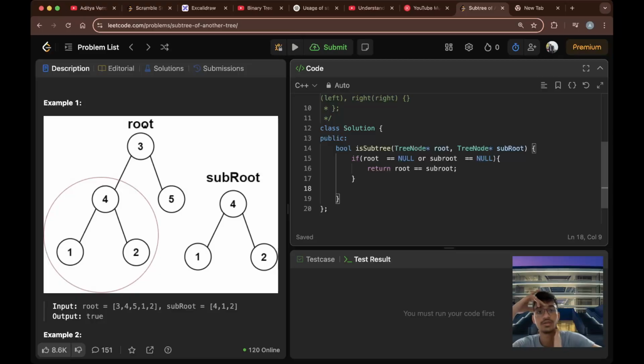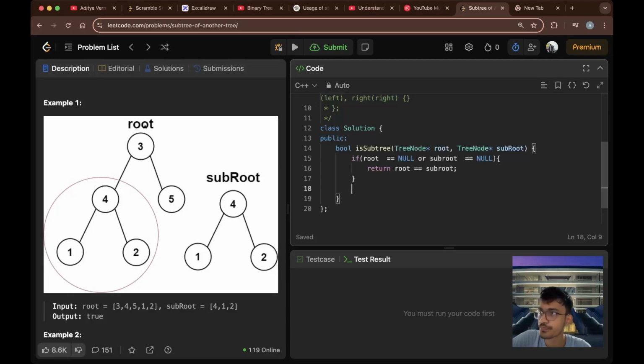No, wait. If I think of this, for example, if both are null, then it is true. If root is null and subRoot is not null, then it is false.